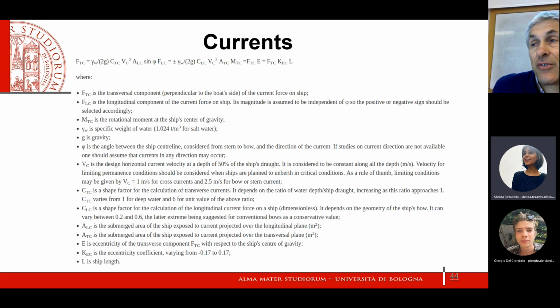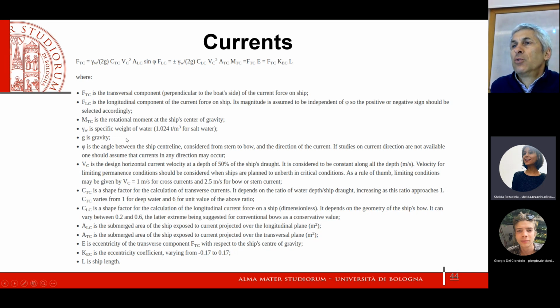So it's enough if you remember that the principle is the same. The main difference with respect to waves is that the energy is represented by a velocity squared and not a height squared. But I don't think that we have to discuss much.